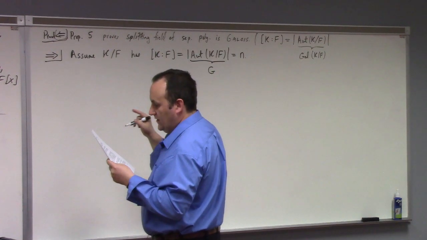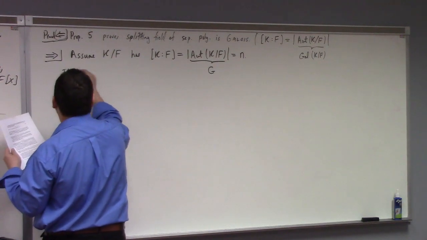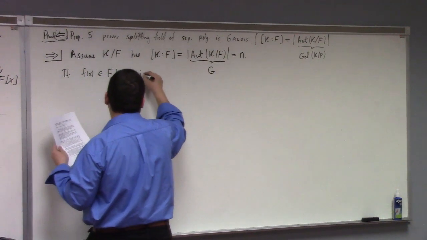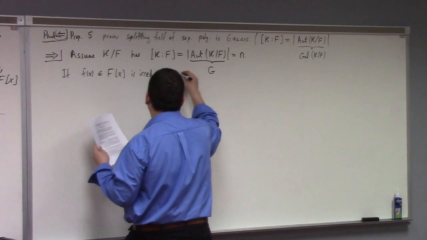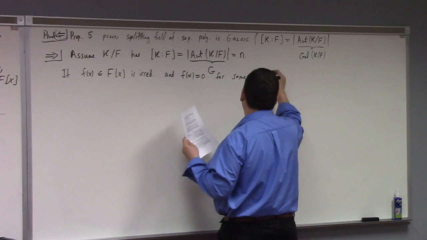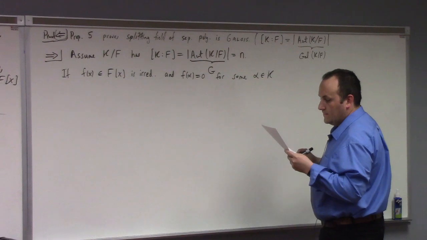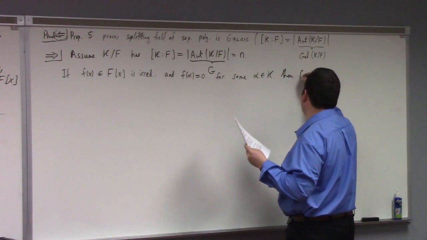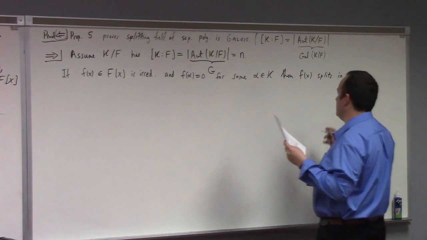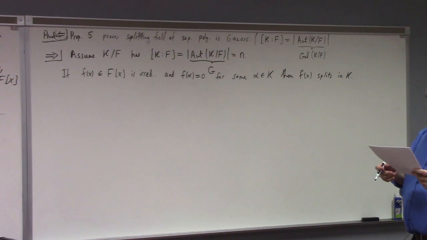He says, we now show that if K over F is Galois, then every irreducible polynomial, all right, so if p of x in F of x is irreducible and p of alpha equals 0 for some alpha in K, then p of x splits in K. All right.